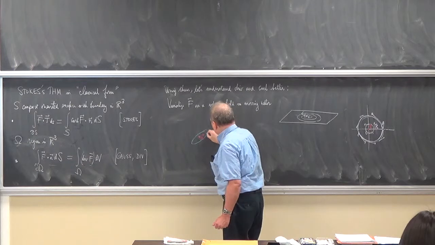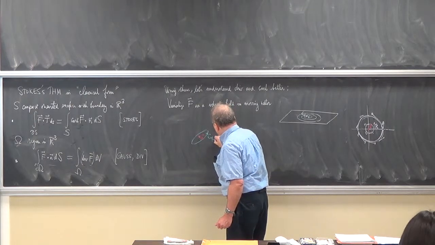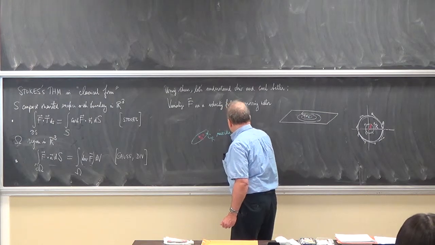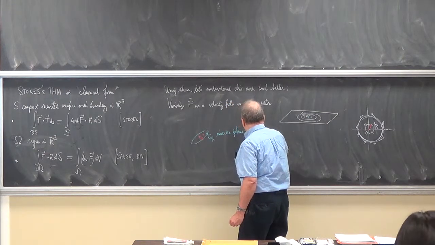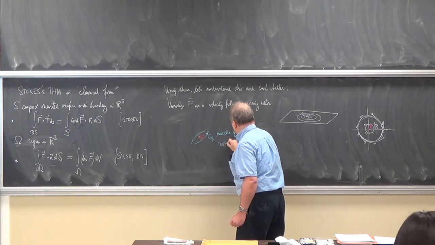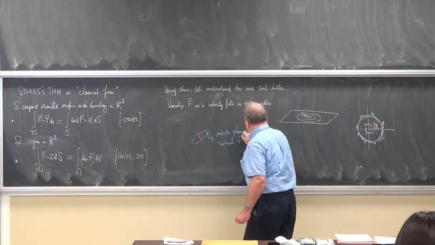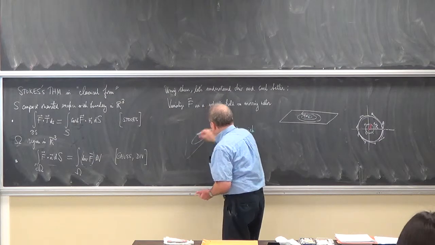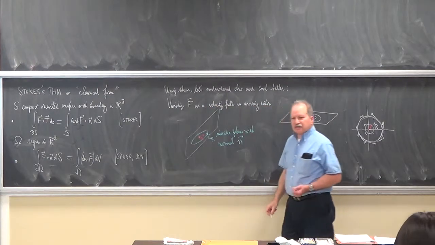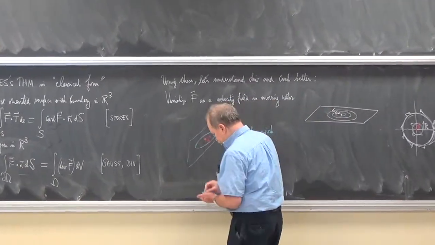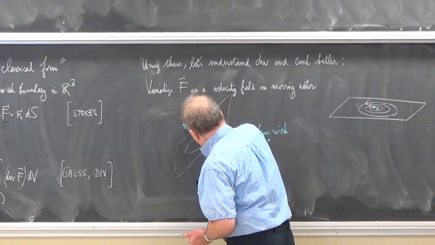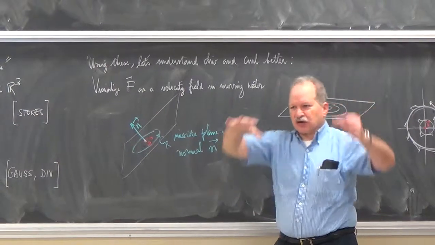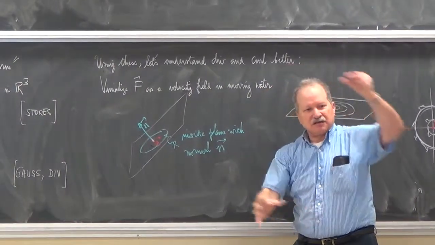Fill in a circle here of radius R inside a plane with normal vector n. So I'm imagining myself taking a circle in a plane with normal vector n, and I'm allowed to turn my plane and take circles that are oriented different ways in space.